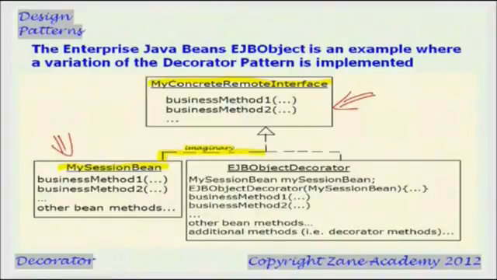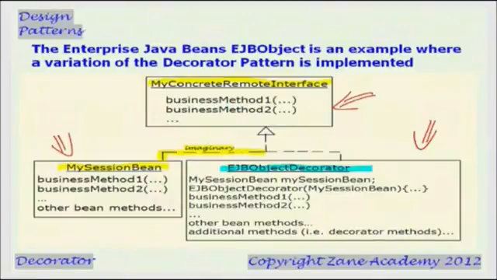So essentially when we write those, the bean and the remote interface, what the EJB container does with those is that it's going to wrap the session bean with its own object, and we call it an EJB object. So I called it here an EJB object decorator. And by the way, how this is implemented is probably different between different application servers.